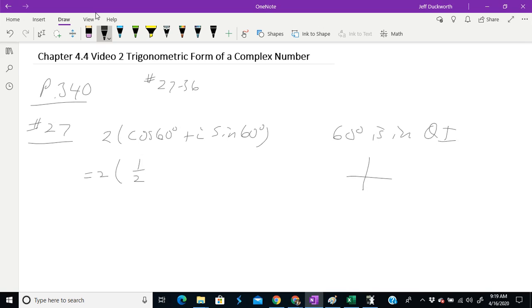I guess we'll graph it at the end as well. And then plus i sine of 60 degrees. Well, if cosine is 1/2, that means we've got to have root 3 over 2.